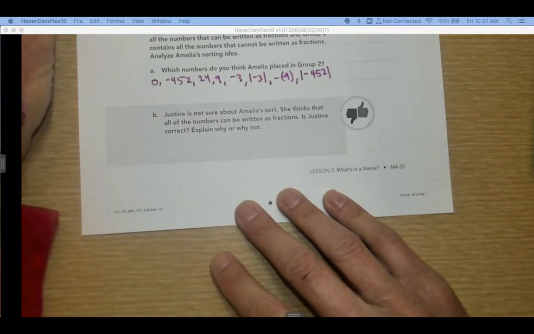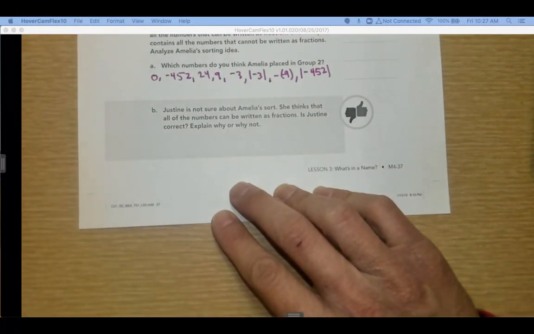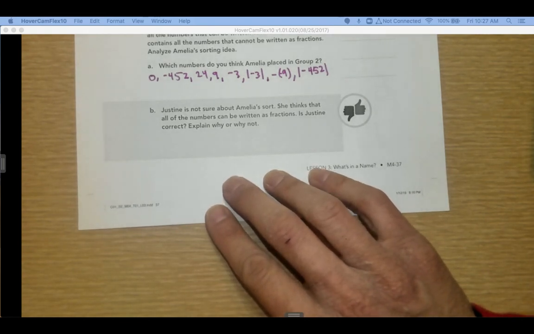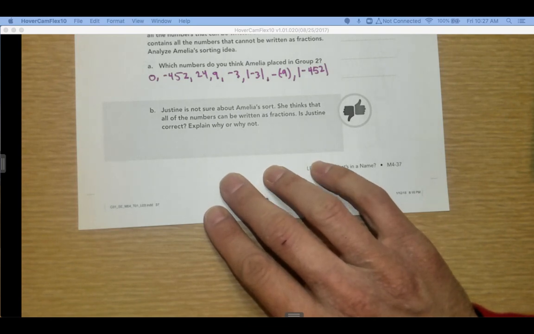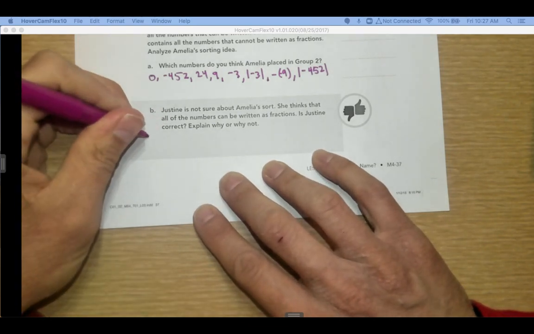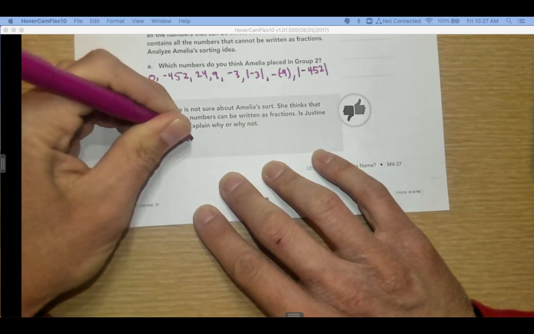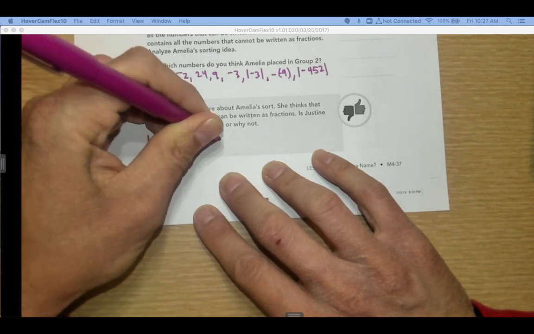Justine is not sure about Amelia's sort. She thinks that all of the numbers can be written as fractions. Is Justine correct? Explain why or why not. Ooh, I think that Justine is correct.